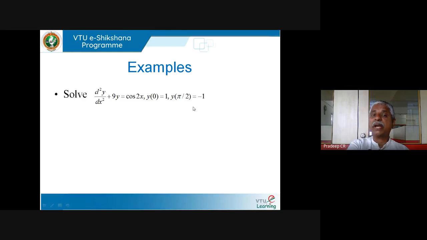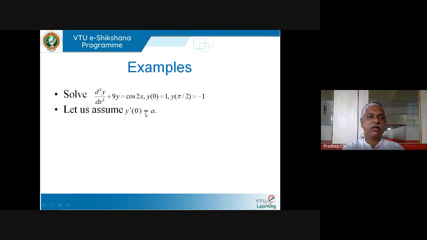So I need to know y dash 0. I don't know, its condition is not given. But don't worry, if you tell me y of 0 and y of pi by 2, I can find y dash 0, but that's equivalent to giving two conditions. How to do that is what this problem is going to explore.